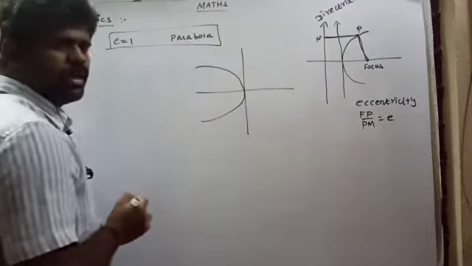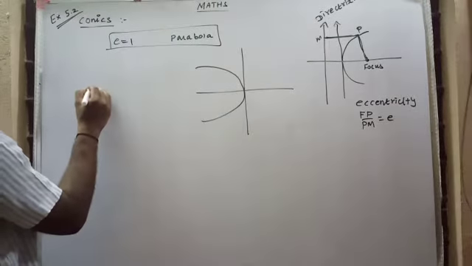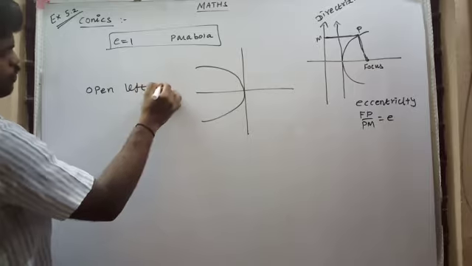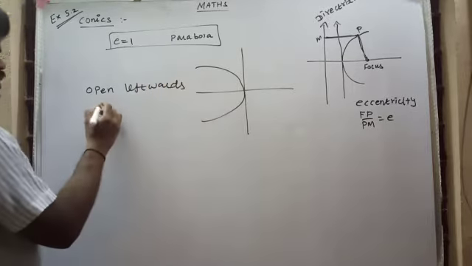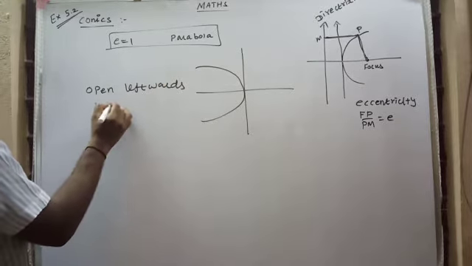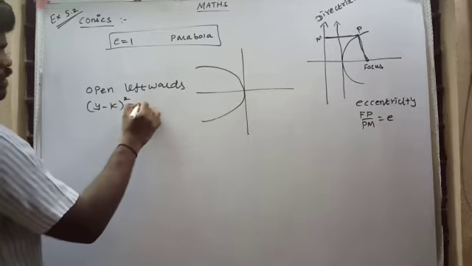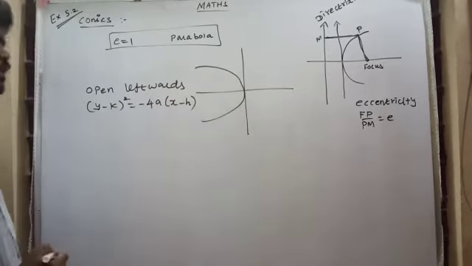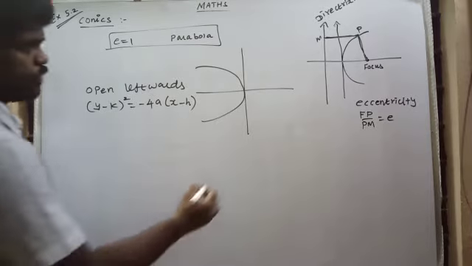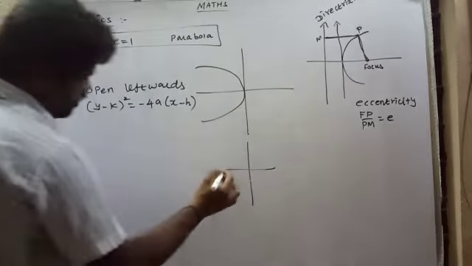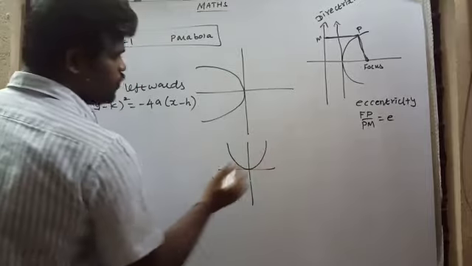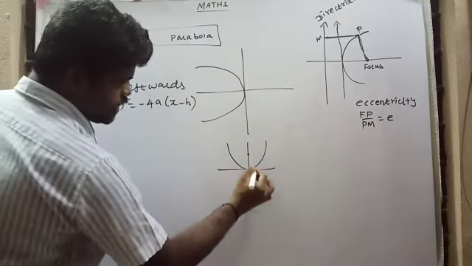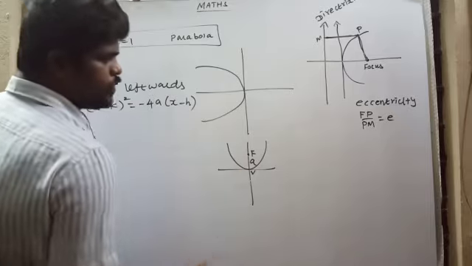This is open leftwards. The equation is (y minus k) the whole squared is equal to minus 4a (x minus h). This is the leftward formula, and now we want to find the upward formula. All distances are the same. Here the distance between vertex and focus is a.